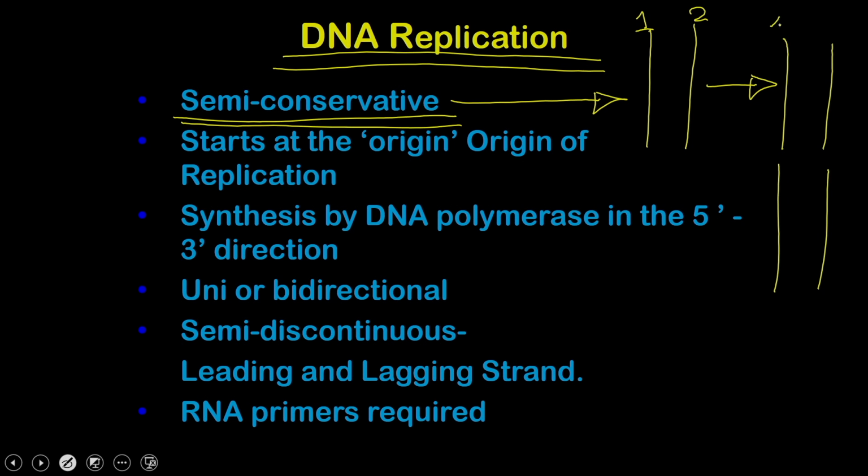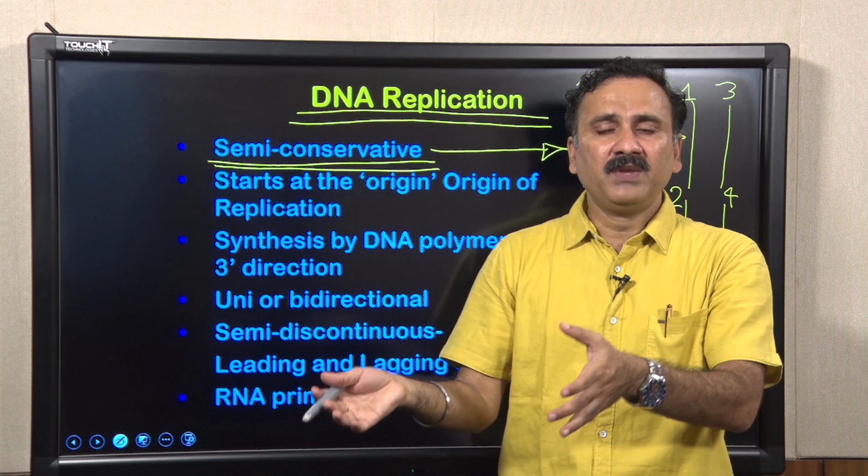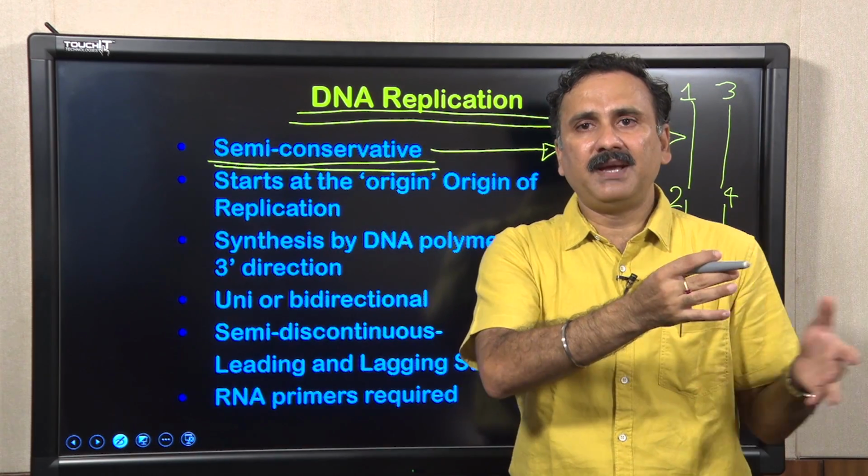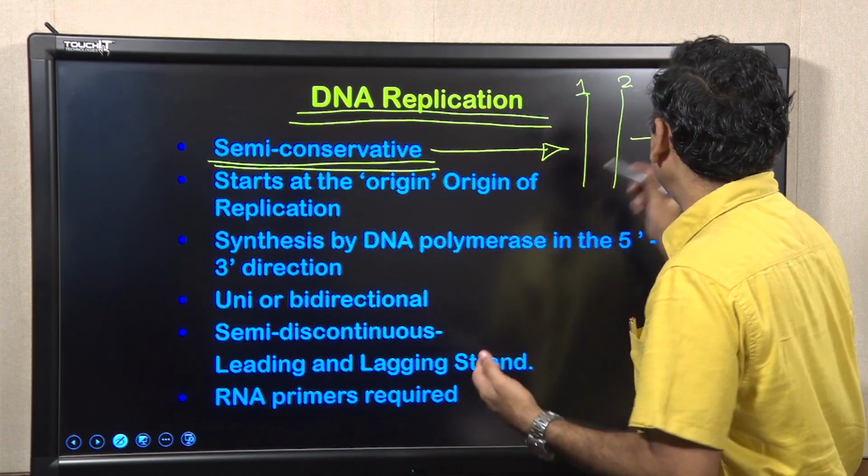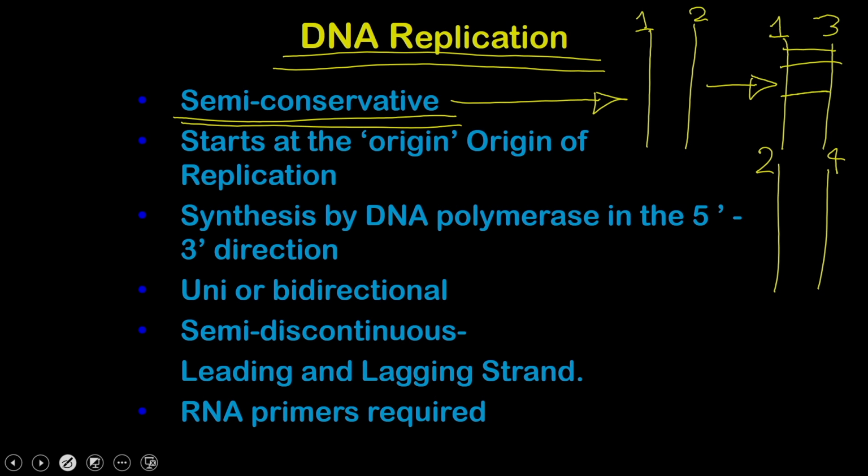But in these 4 strands, 1 and 2 are separated, and 3 and 4 are newly synthesized. So, the new strand being synthesized makes a pair with the original strand, and this process is called the semi-conservative mode.